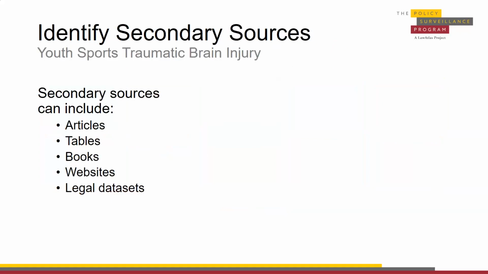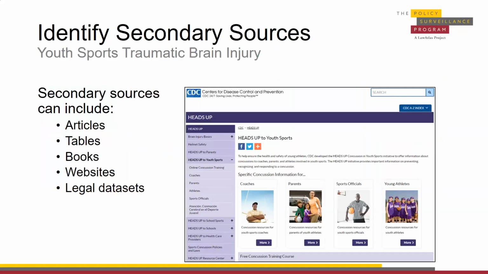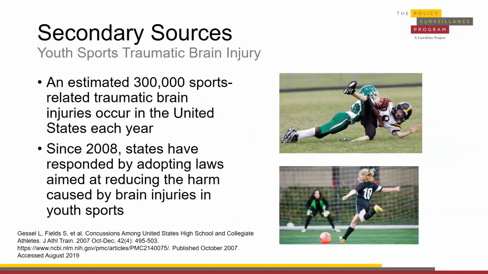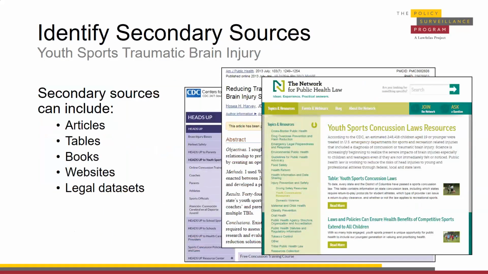These sources, including articles, tables, books, websites, and legal data sets, will allow your team to understand the literature that already exists, the gaps in the research, which is quite important because we want to be able to use our research to fill in those gaps and not just repeat anything that's been done before, and to determine what parts of this topic legislators, researchers, media, academics, students, etc., are focused on and what they're not focused on.